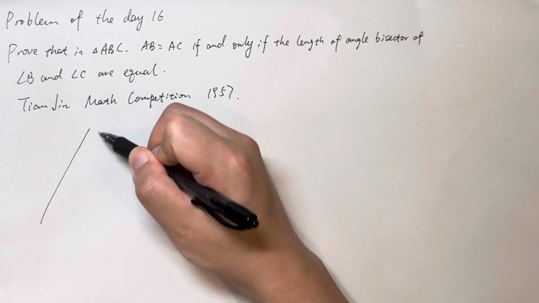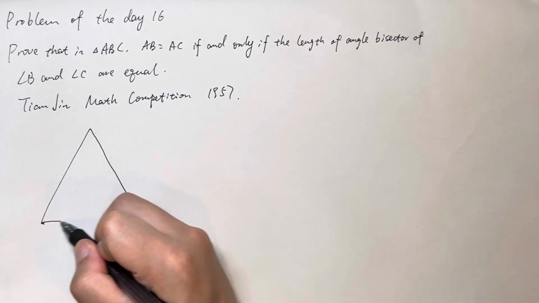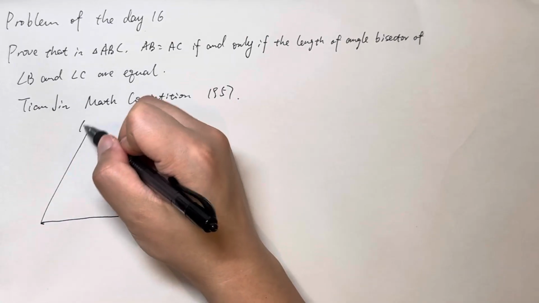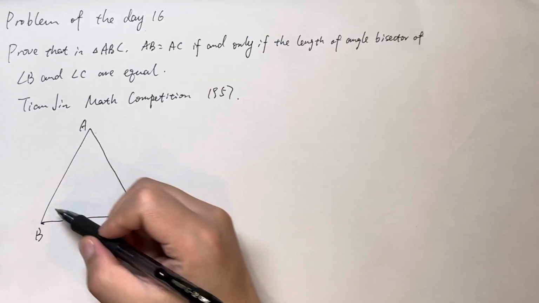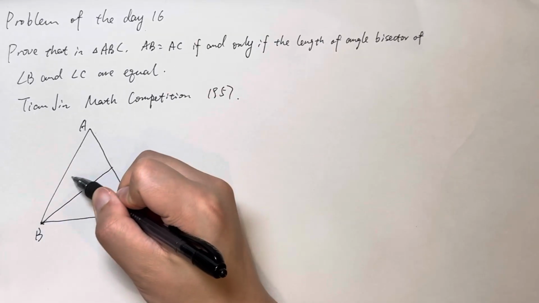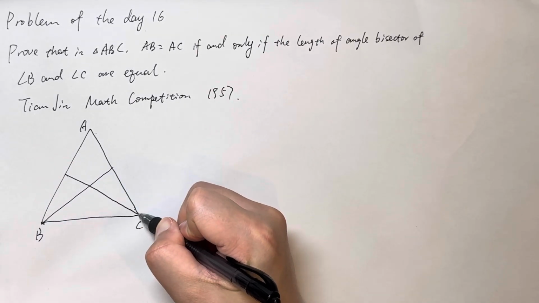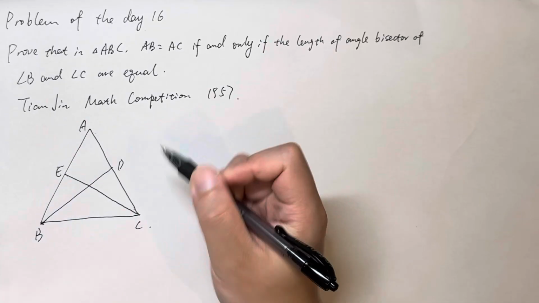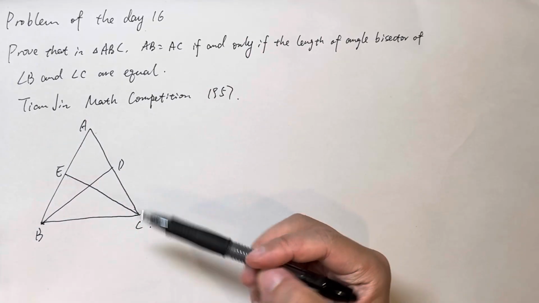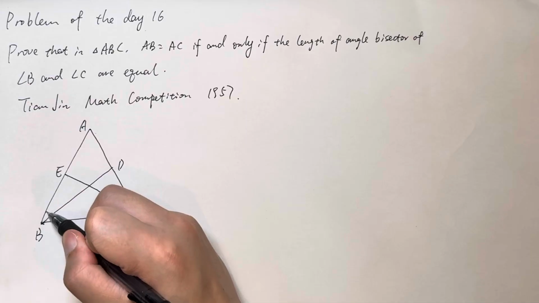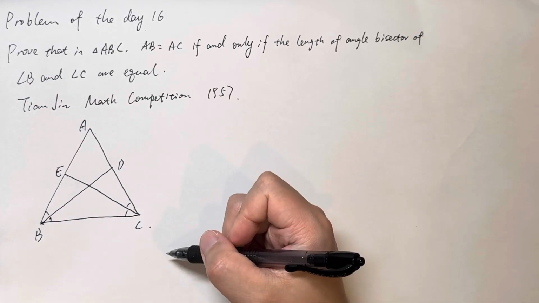So, if AB equals AC, then we know that BD and CE are the angle bisectors of angle B and angle C. So, these four angles are equal.